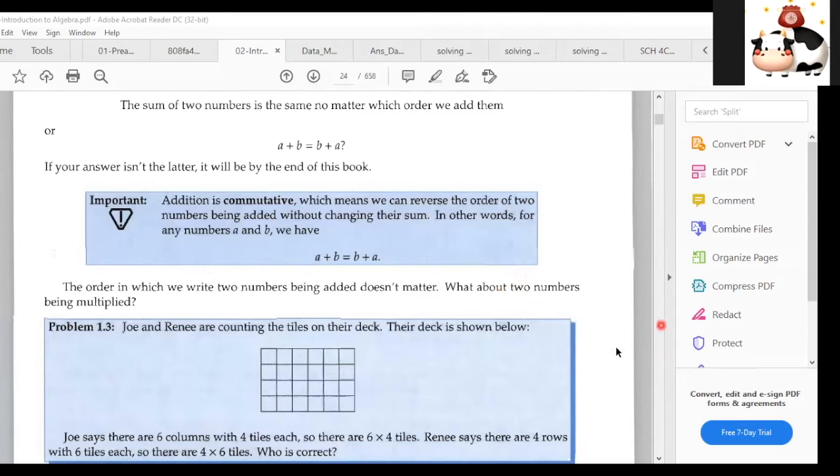Let's see if anybody else gets it. It's okay. I don't want to wait too long, so I'm just going to tell you. And good job, Aaron. They're called variables. Very good, because they can vary. A could be anything. B could be anything, right? So good job, everybody. So that was the commutative property of addition.